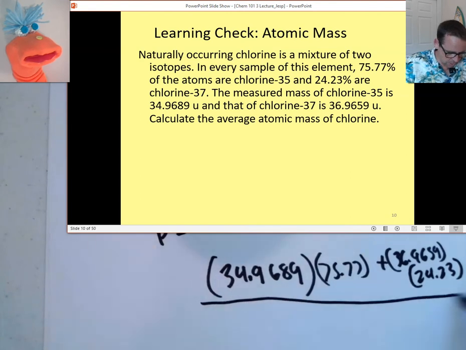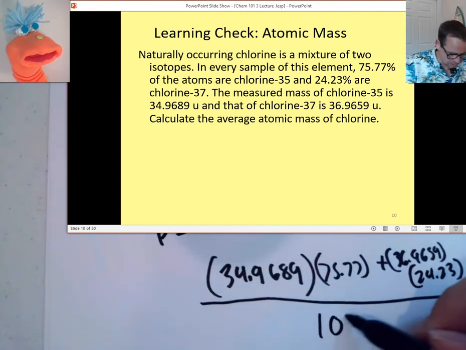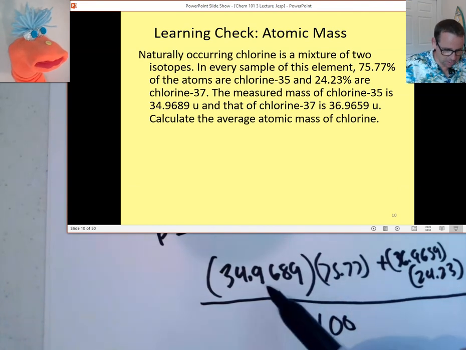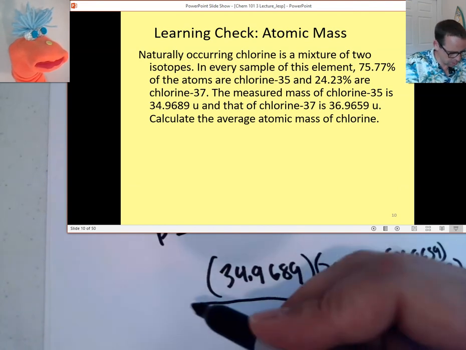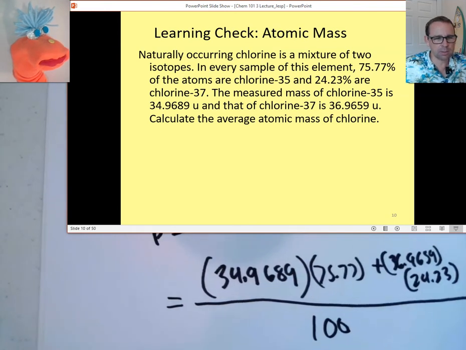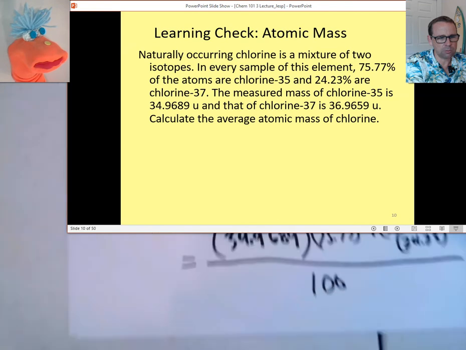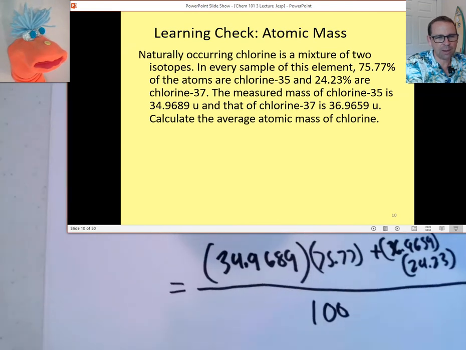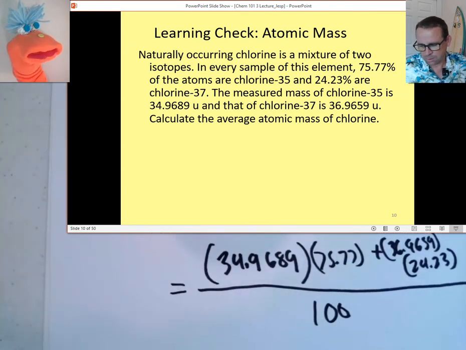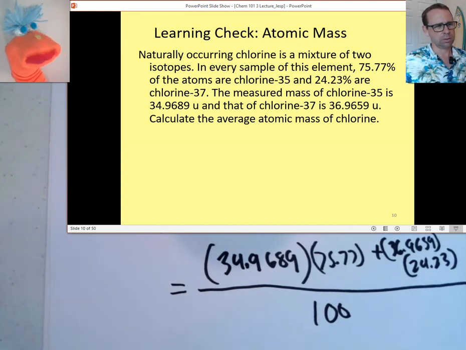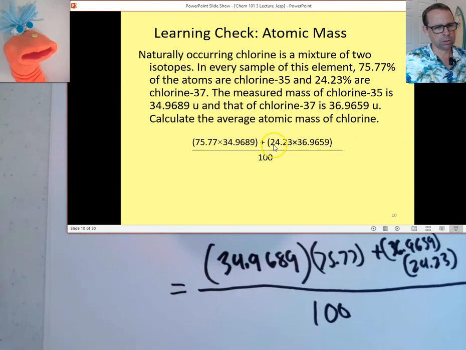And then I could divide all of that by 100, because it's like I pulled it out 100 times. 75.77 times gave me that. 24.23 gave me that. And then the answer to that problem would be the average atomic mass of my chlorine. Okay, you see that? Yeah, I see it. So if you put that in your calculator and solve it, then what do you get?